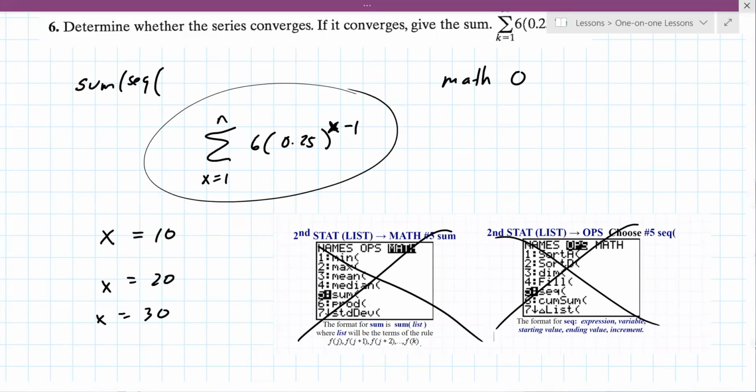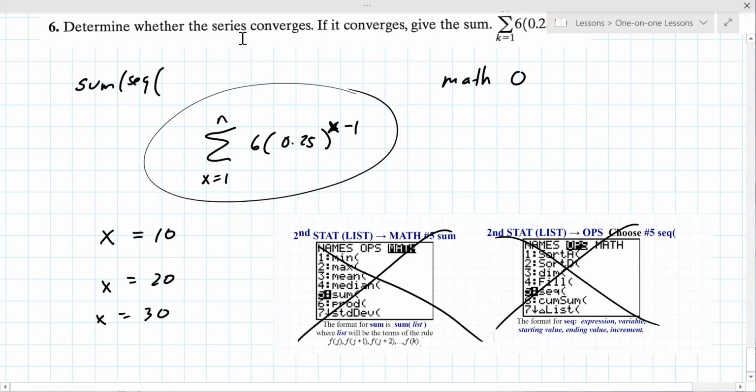There we go. Math 0. Equals 1, 10, 6, 0.25. I got 0.6 or 0.066 for the first one.